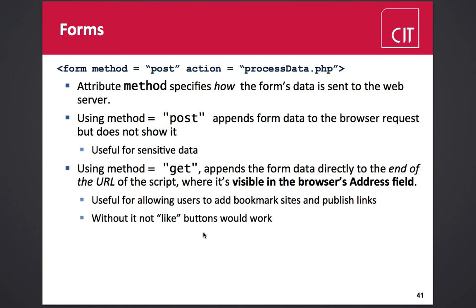We're going to use get. So you'd say form method equals get, and then action equals the URL that we'll give you. It'll be something.php, and we've programmed the server at the other end to send you back everything you sent it.